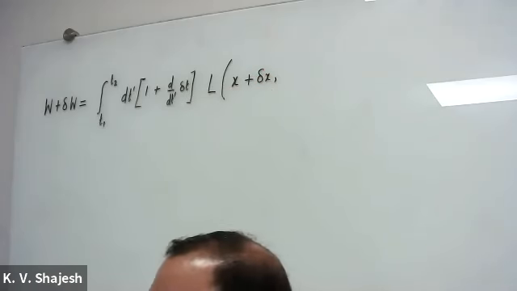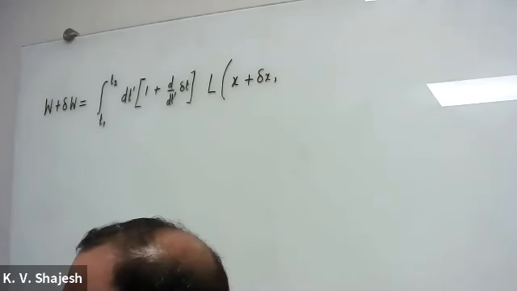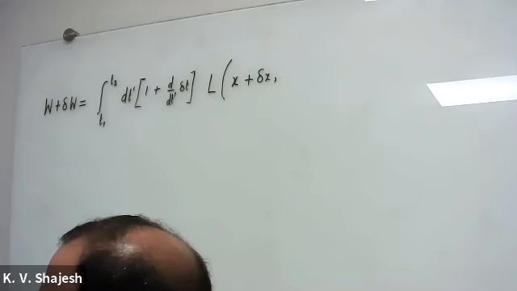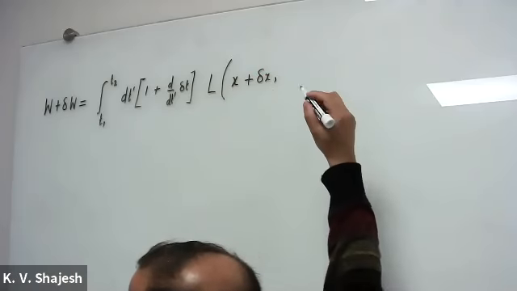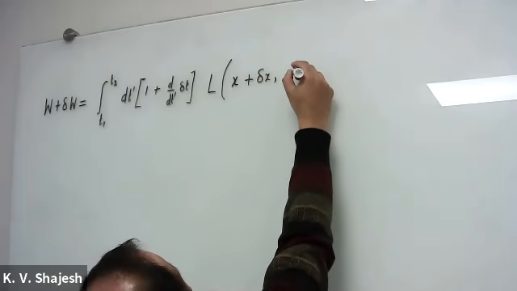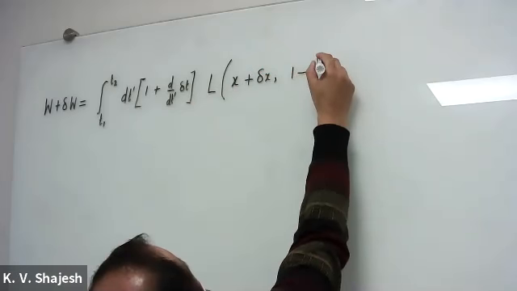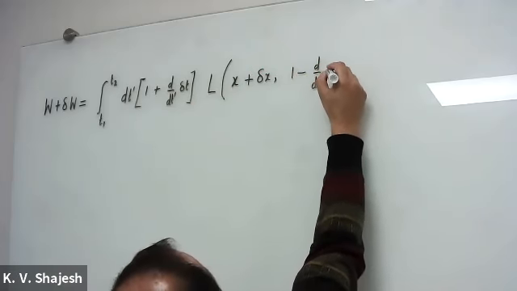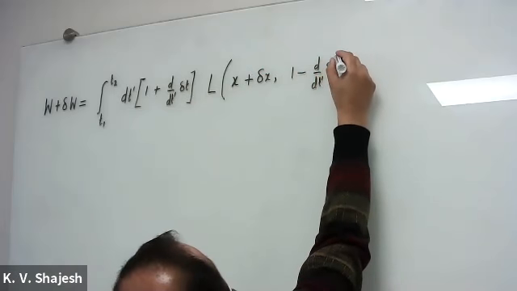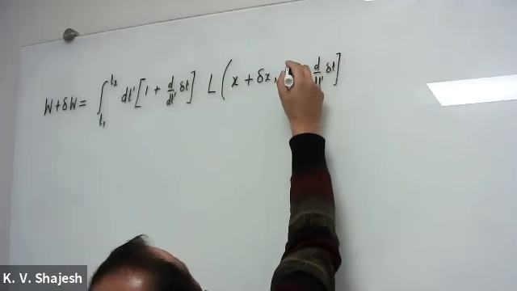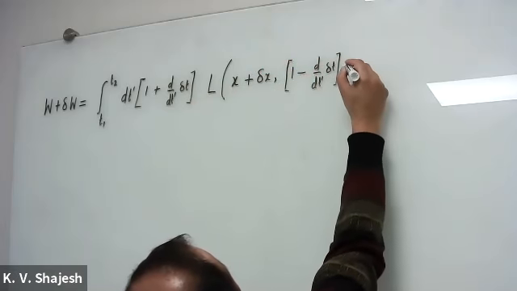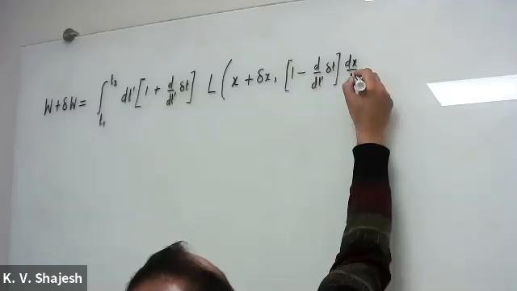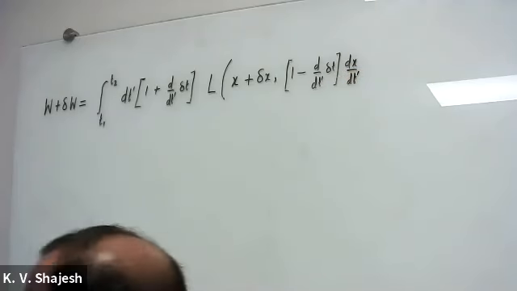dx, and this is the derivative of x with respect to t, which is the same as 1 minus d by dt prime of delta t, and then there is dx by dt prime.